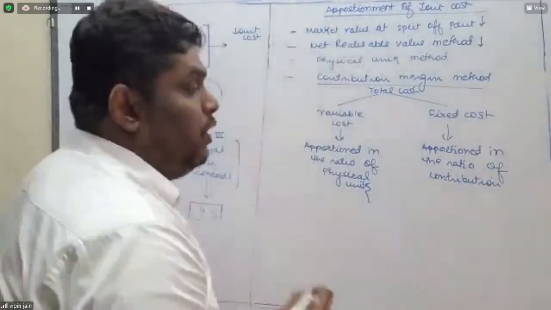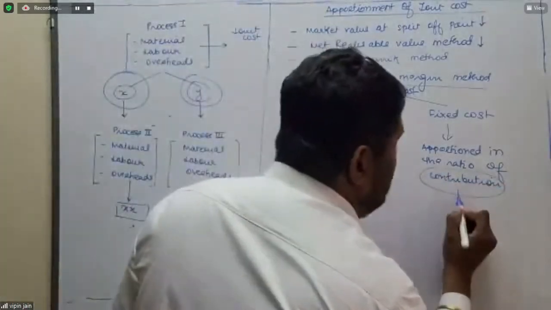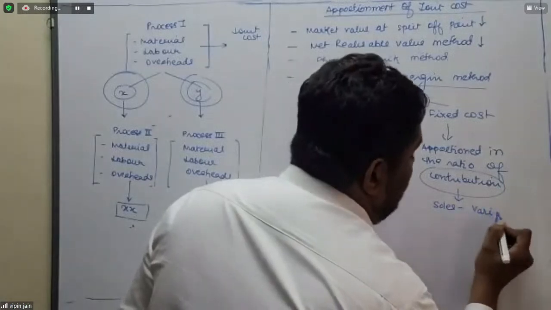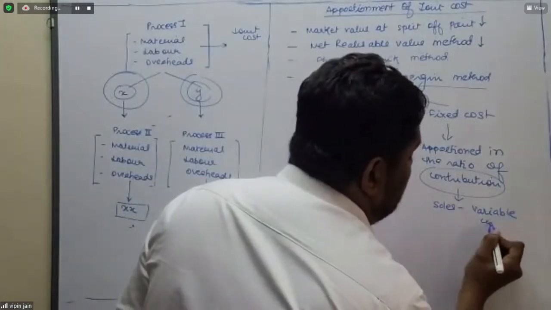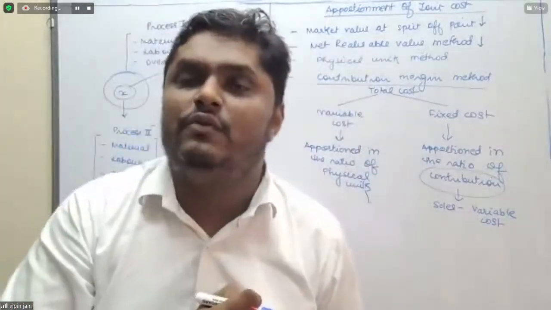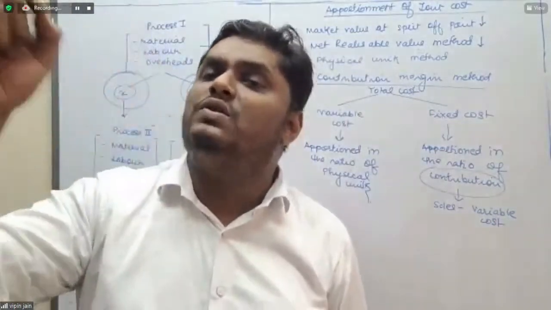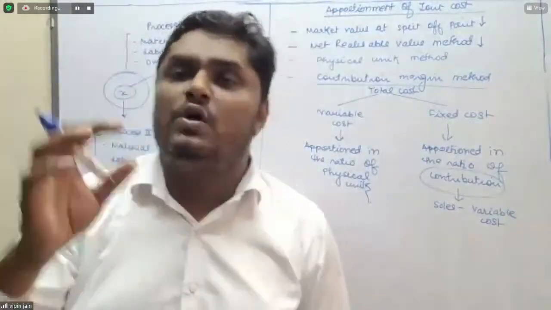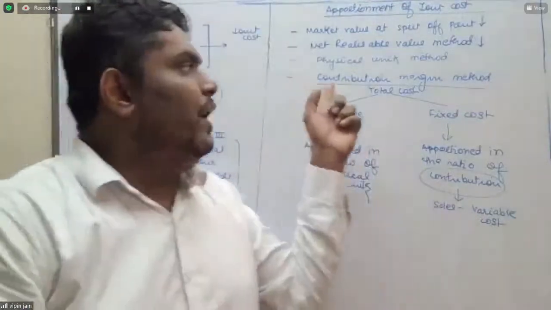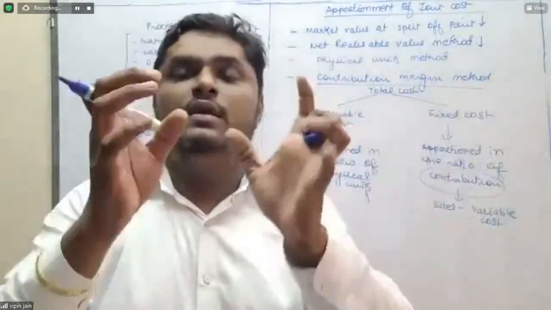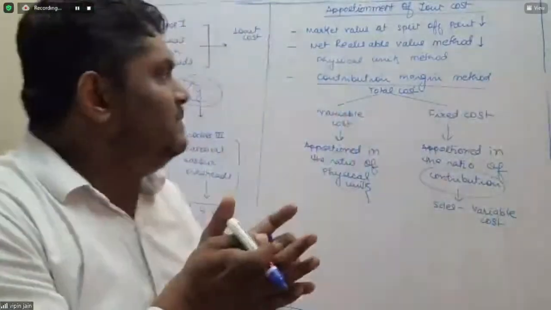What is contribution? That is sales minus variable cost. So I repeat again, guys, if some information is given in the question as regards variable cost or fixed cost, this is an indication that you have to apportion the joint cost by the contribution margin method.